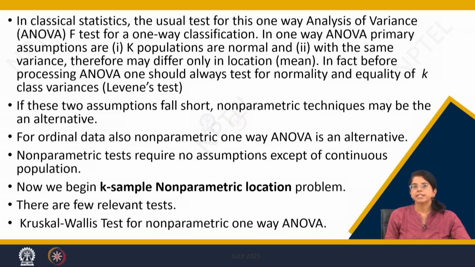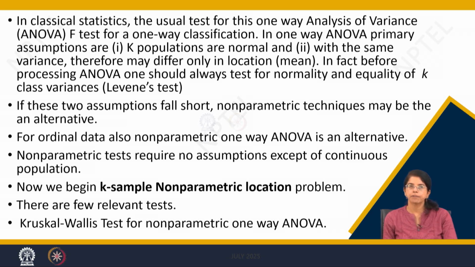The k populations are normal. This is the first and foremost assumption. One cannot avoid this assumption while performing ANOVA. And the second assumption is the same variance, therefore they may differ only in location. That means all of the populations have equal variance. That is one more assumption to be taken while performing ANOVA.